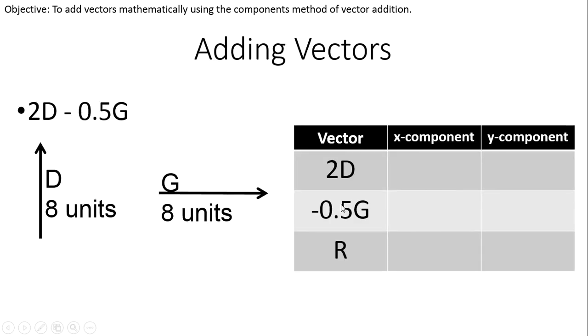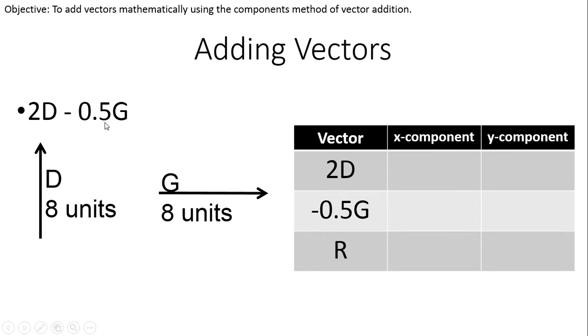Okay, so for the next one, I want you to pause the video, and I want you to go through all 5 steps. So hopefully you wrote this down in your notes. Go through all 5 steps and then start the video up to see if you got these correct. Now before you get started, let me give you a little bit more help here. This 2 in front of the D does not mean anything except for the fact you're just going to multiply this 8 by 2.